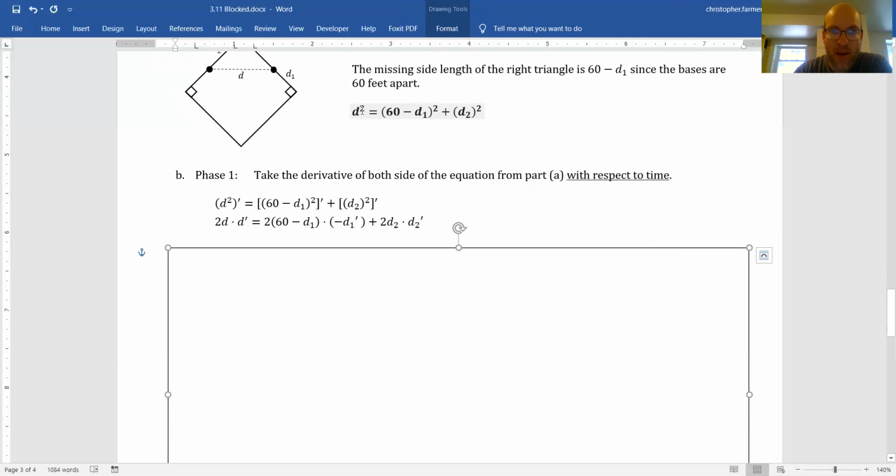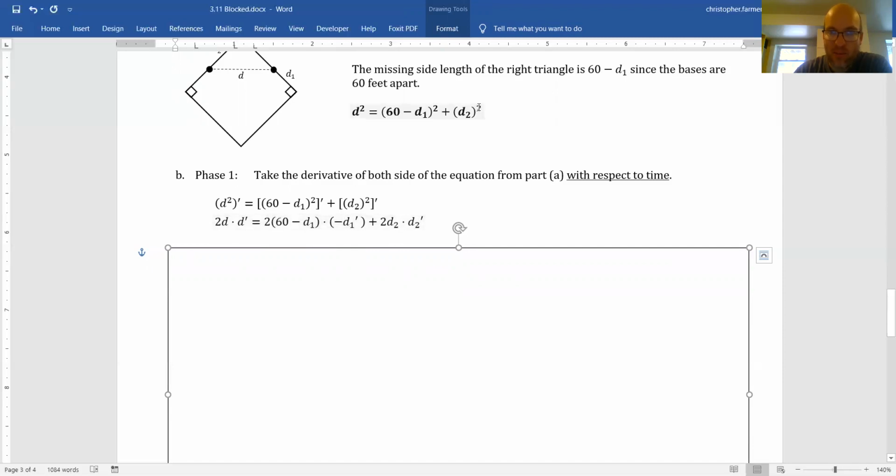You take the derivative of d squared, where the derivative of the outer function will give you 2d, but then you have to multiply by the derivative of the distance, and then take the derivative of the squared, so 2 times all that, times the derivative of the inner function. So be careful here. You take the derivative of the inner function, the 60 disappears, but the negative sign is still in front of the d1 as you take its derivative.